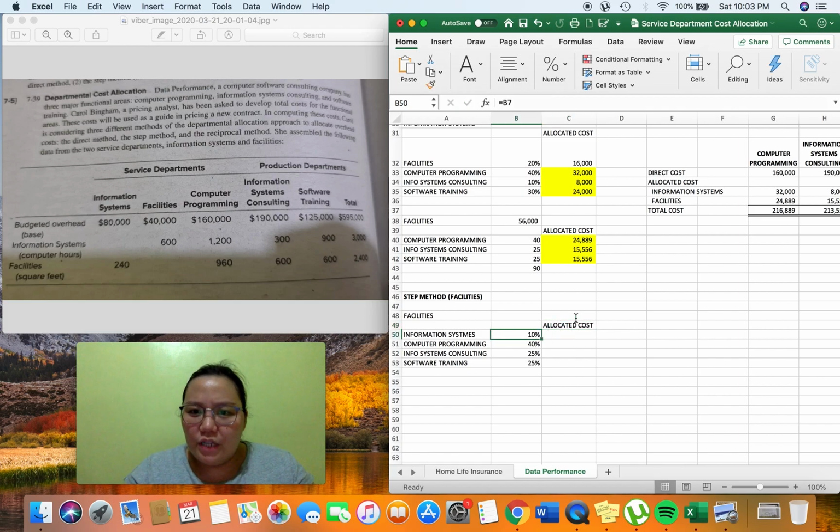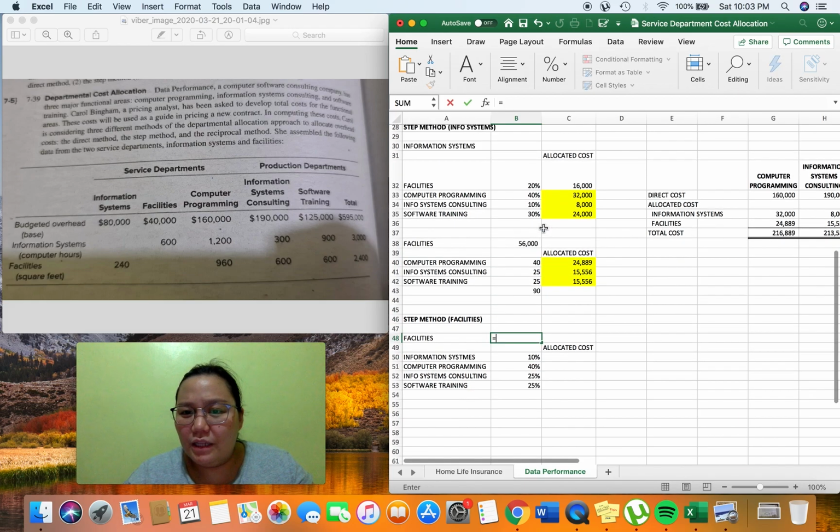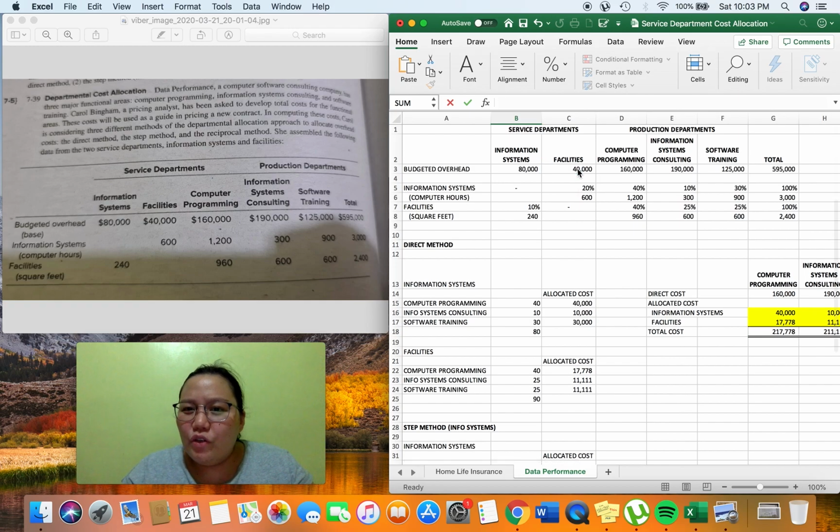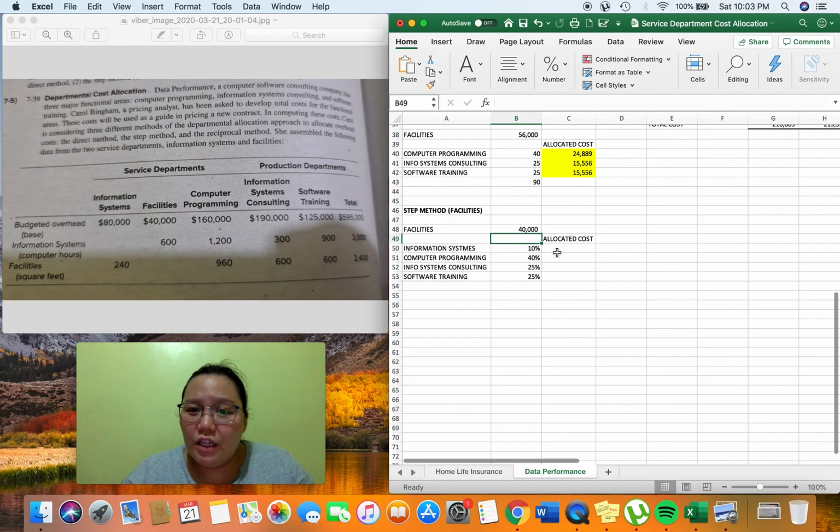Diba? So, sige, para mas madali, kunin na natin yung cost ng facilities department dito para hindi na tayo babalik sa taas. So, the direct cost of the facilities department is at 40,000.